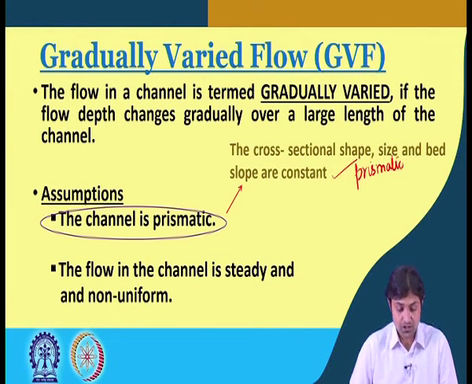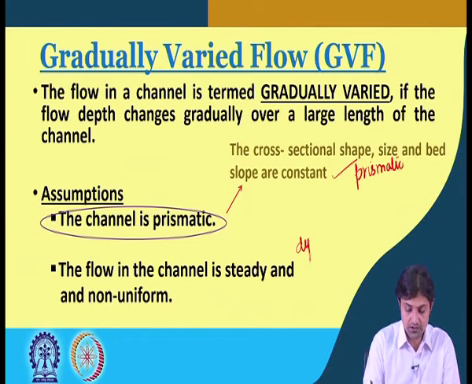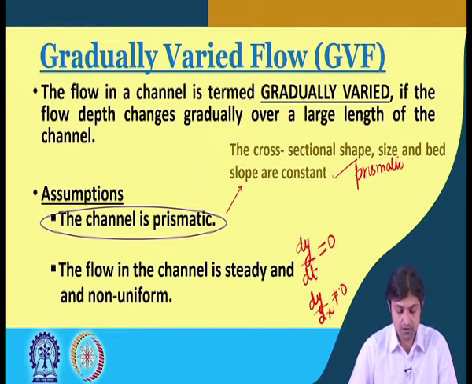Second assumption is that the flow in the channel is steady and non-uniform. Non-uniform means that dy by dx is not equal to 0, steady means dy by dt is 0. So, these are some assumptions when we deal with gradually varied flow.